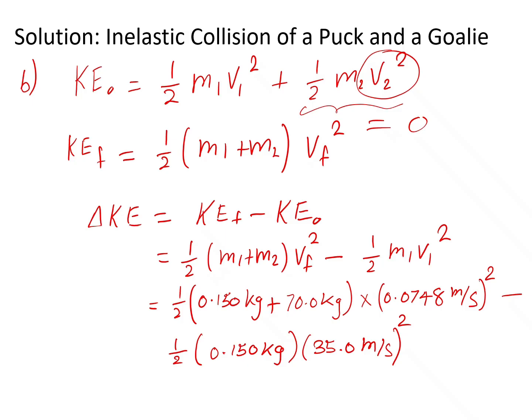So this is equal to 0.196 joules minus 91.9 joules, and we get negative 91.7 joules. The negative sign means the system lost kinetic energy. So the amount of kinetic energy lost is 91.7 joules.